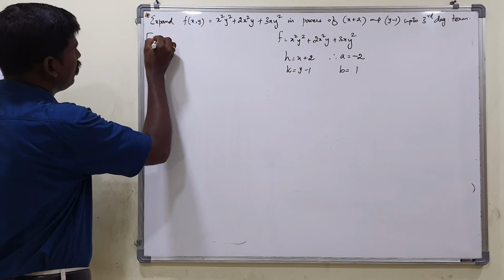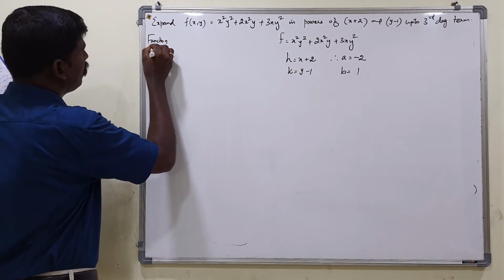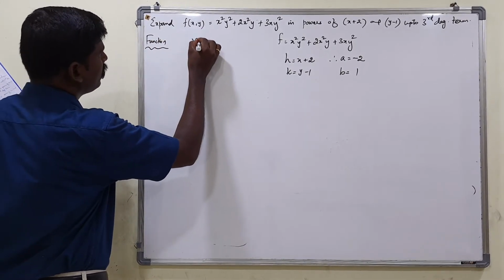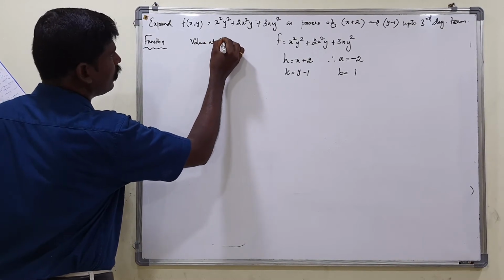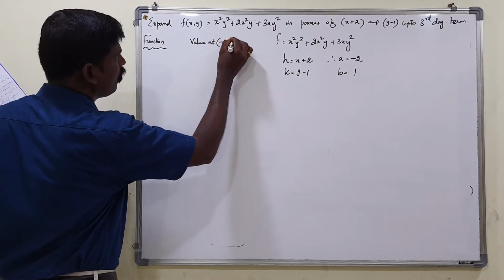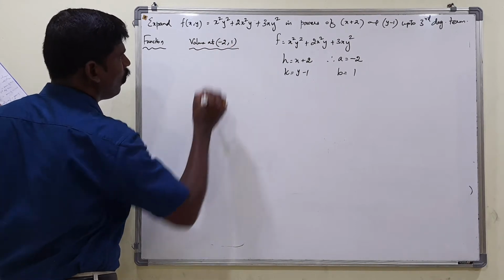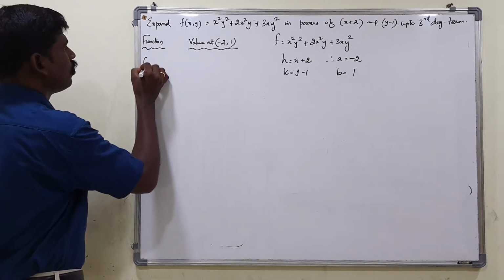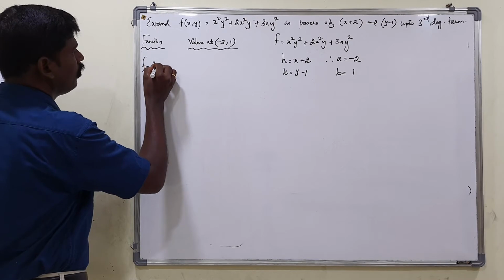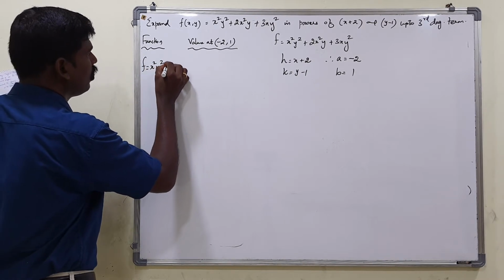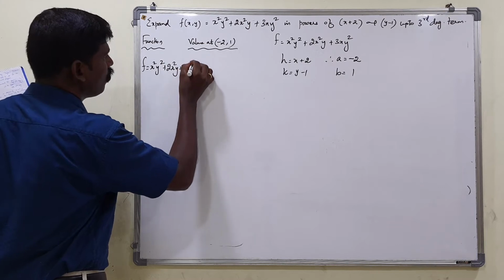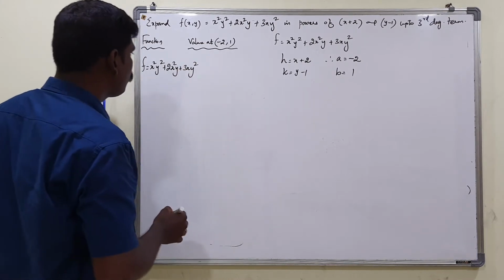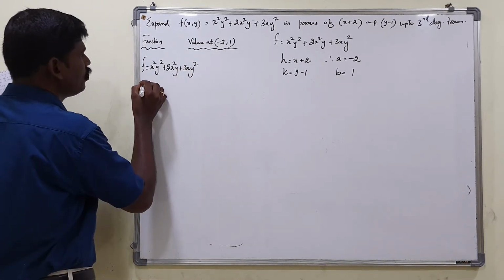of the function at minus 2 comma 1. Okay. So what is f? x square y square plus 2x square y plus 3x y square, isn't it? Right. So what is fx?